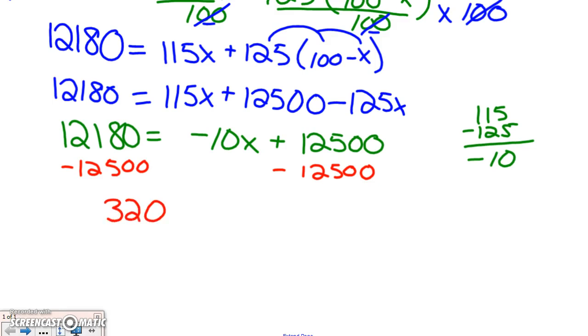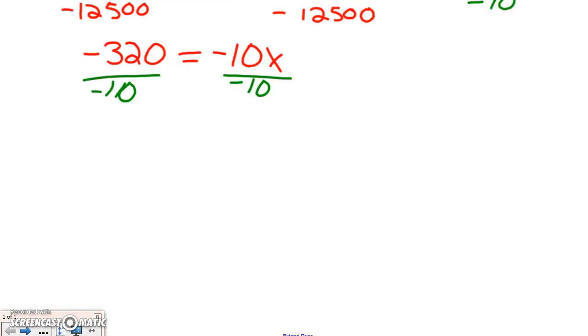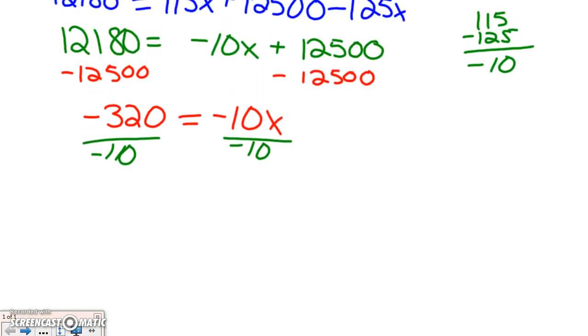Remember, I'm doing a smaller number minus a bigger number, so it's going to give me a negative, is equal to negative 10x. Now my 10 is being multiplied by this x, so I'm going to divide everything by negative 10. When I divide 320 by negative 10, I get 32 is equal to x.